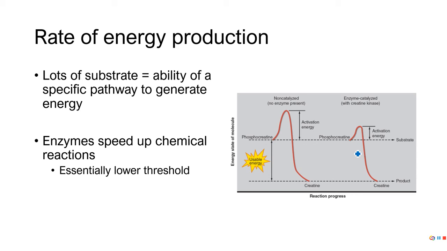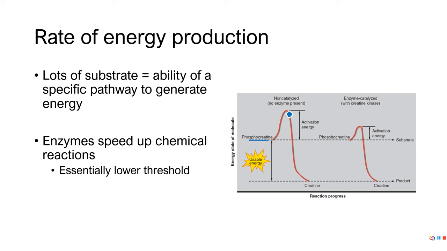So if you look at this figure here, and this is using the idea of phosphocreatine, which we'll talk about in the next video, I believe. In order for a reaction to go, we start here, but we have to add energy so that the chemical reaction can start.